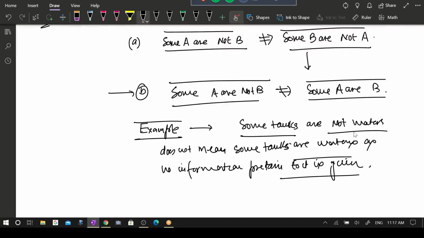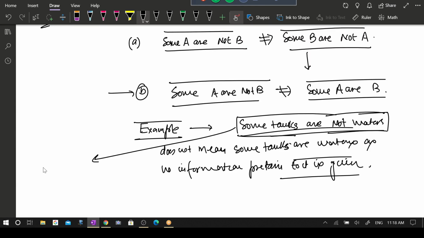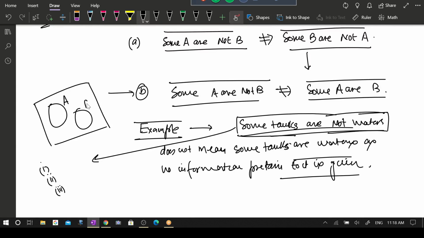When we talk about some tanks not being water, we think of all three possible outcomes: 1, 2, 3, and definitely when we think of all possible outcomes, we get the third diagram, some A are not B. See the third diagram. That third diagram would definitely justify my claim that some A are B cannot be inferred from some A are not B.